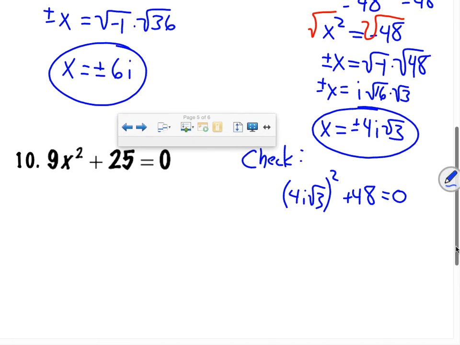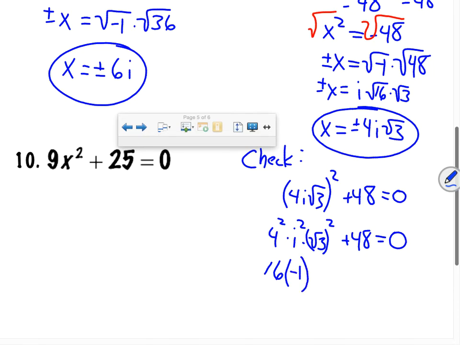Well, 4i times the square root of 3 squared is the same thing as 4 squared times i squared times the square root of 3 squared plus 48 equals 0. So let's keep going. 4 squared is 16. Do you remember what i squared is? You probably haven't seen this yet. It's actually on the next part. But I'll tell you, i squared is the same thing as -1.